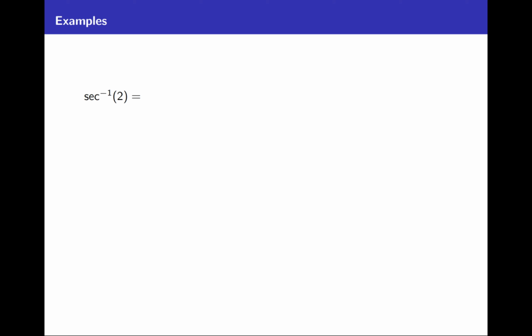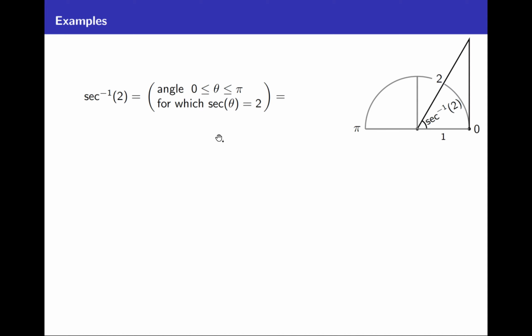Let's try secant inverse of 2. By definition, this is the angle theta between 0 and pi for which secant theta equals 2. And we're going to draw our picture. The input 2, x equals 2, is positive, so we know to put the triangle here on the right side of the unit circle.